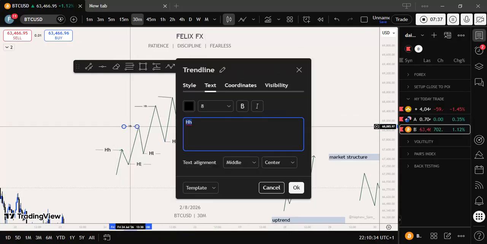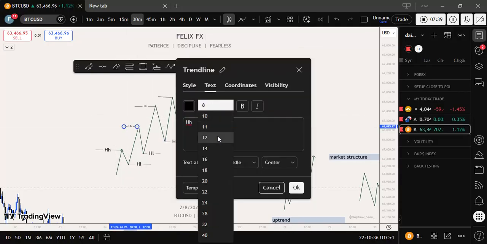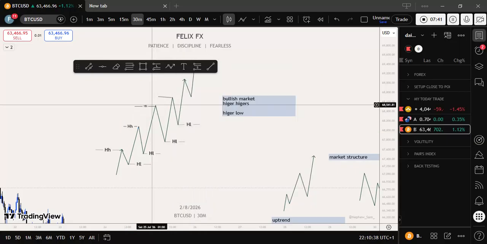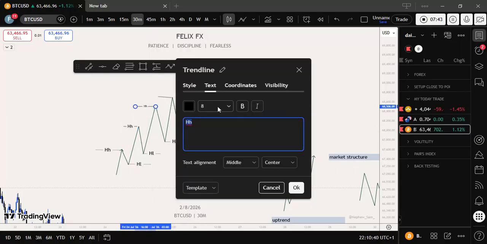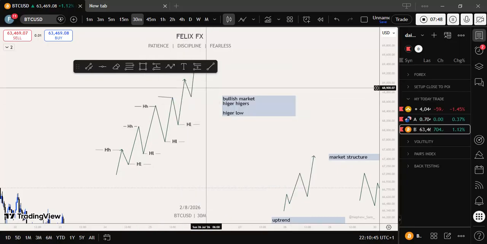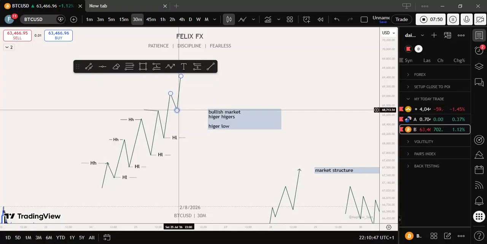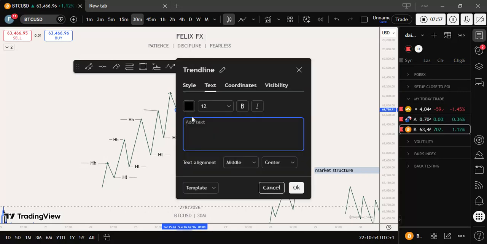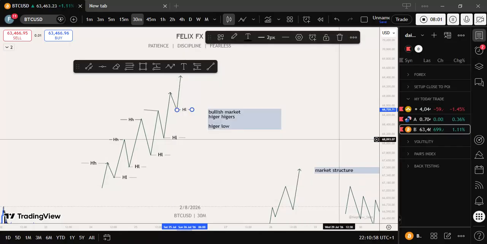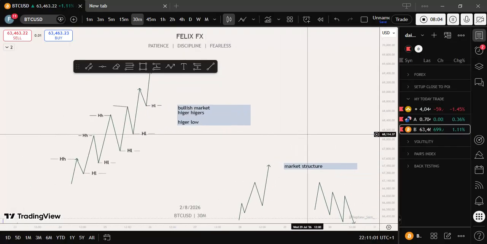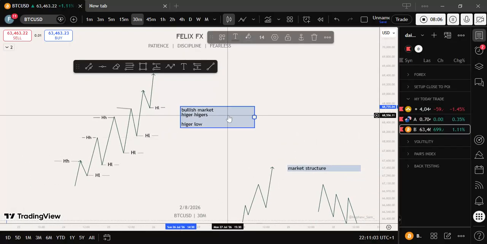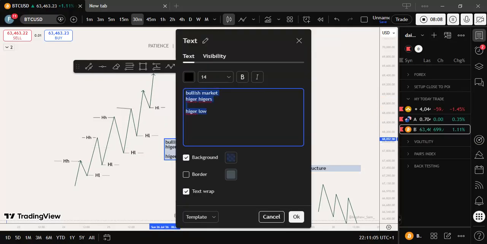Let me make this bigger so you guys can see very well. Same thing, all these lows are your higher low. As far as it's still trending up, as far as the market is still bullish, all these lows are what you call your higher low. So for the bearish market, this bullish market means uptrend.